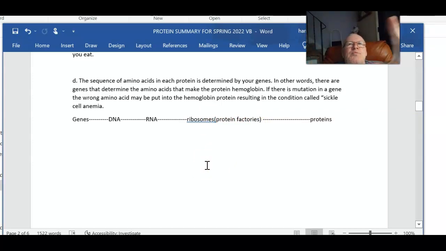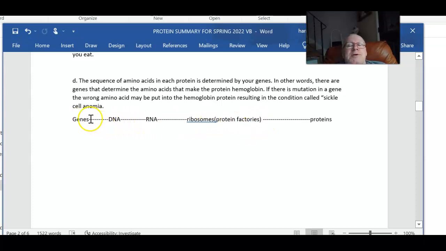There's an amino acid pool. There's all these different amino acids floating around in the cytoplasm. What will happen is those amino acids will be put together in specific ways to form proteins. They'll be put together in a way that conforms to the code that's on the RNA, which is made of DNA, which goes back to the genes. So say you have 20,000 genes in your body, theoretically your body can make 20,000 different kinds of proteins, from hemoglobin to collagen to whatever.